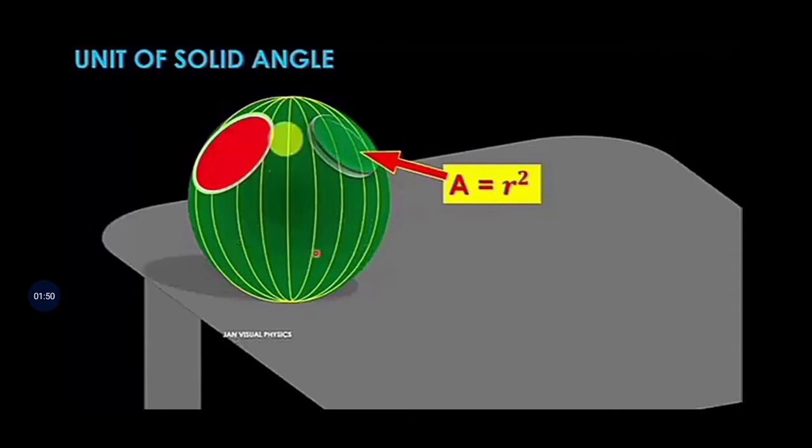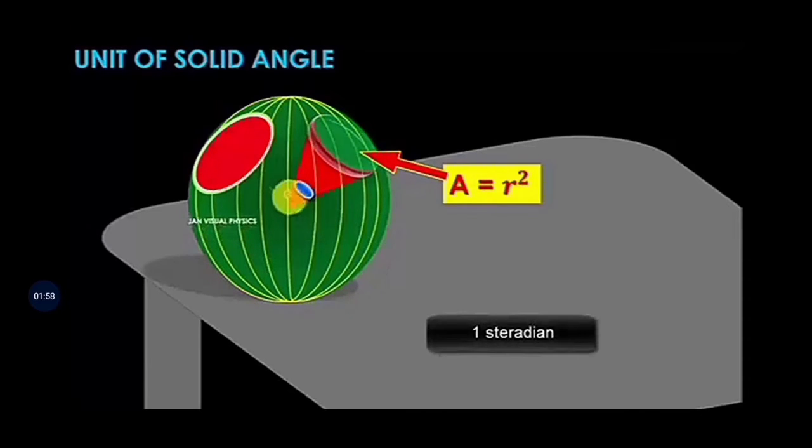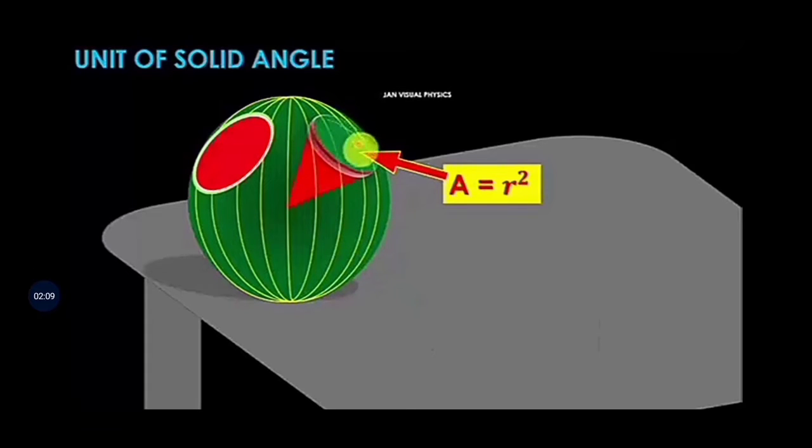The angle subtended by this circular surface at the center of this spherical object will be 1 steradian if the area of this surface is equal to the square of the radius of this spherical object.